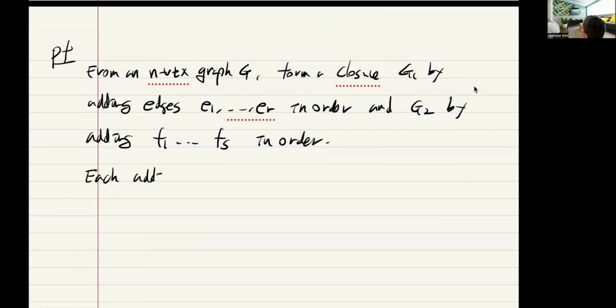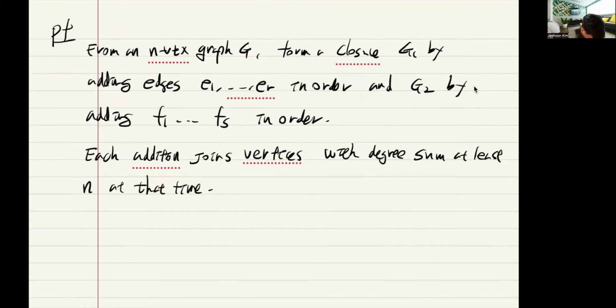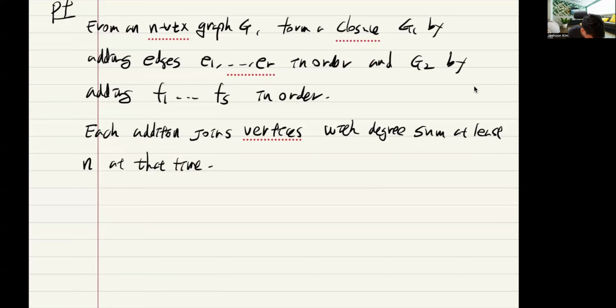Especially, each addition joins vertices with degree sum at least n at that time. Also note that every time you add, you get a graph with more and more edges, so the degree of vertices never decreases.